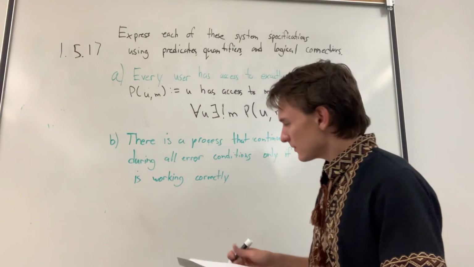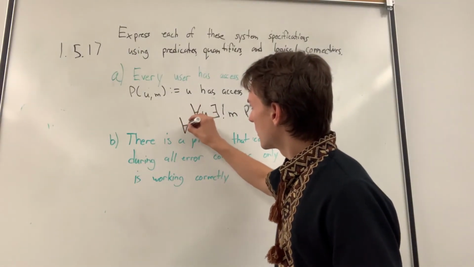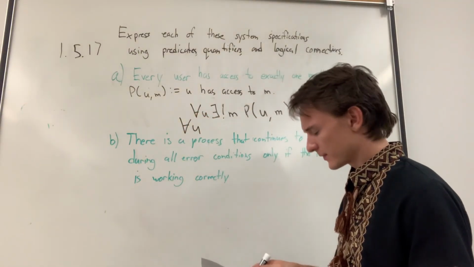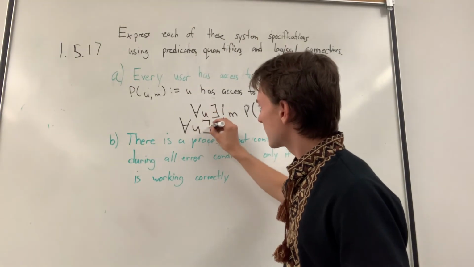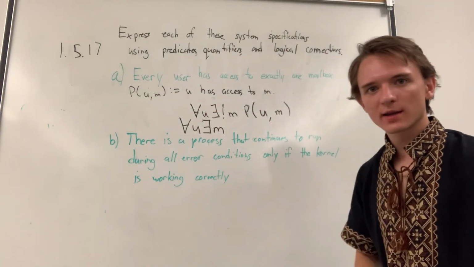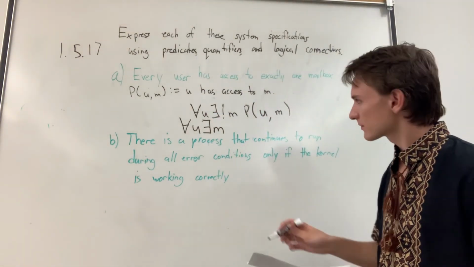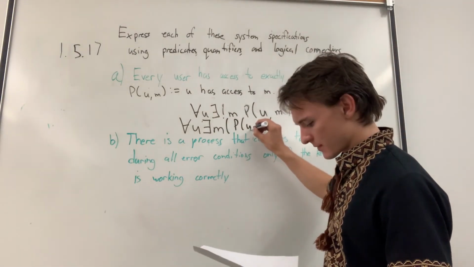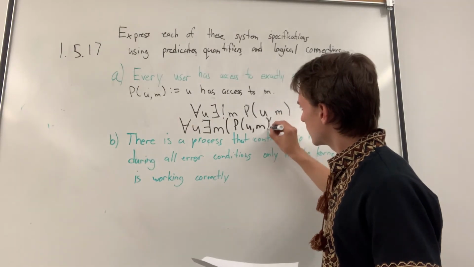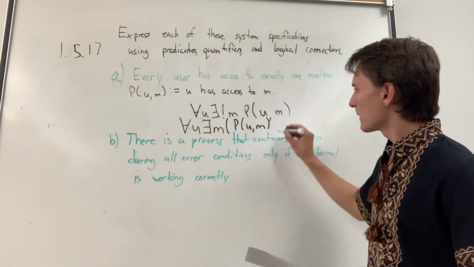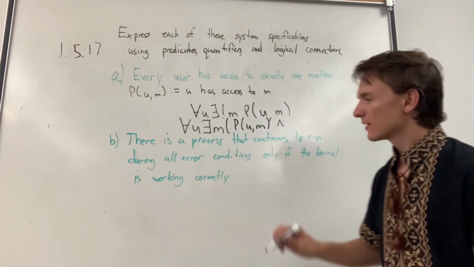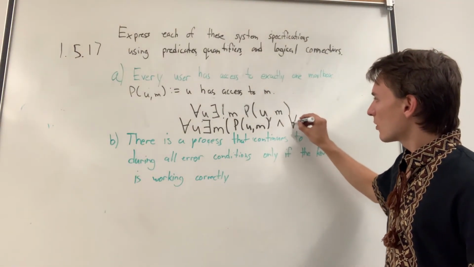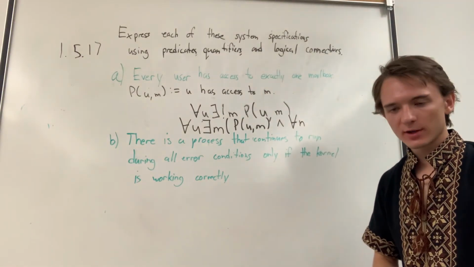So, for all users, there exists at least one mailbox where the user has access to the mailbox. And for all n, we create a new variable here.